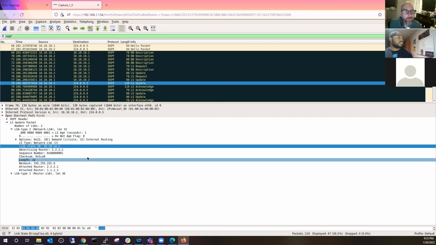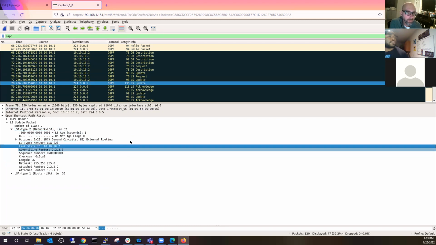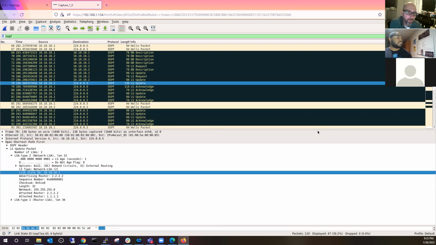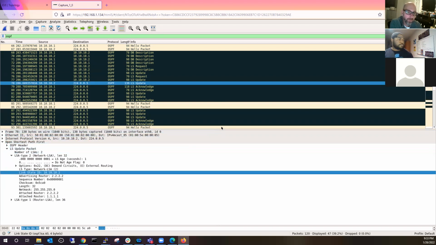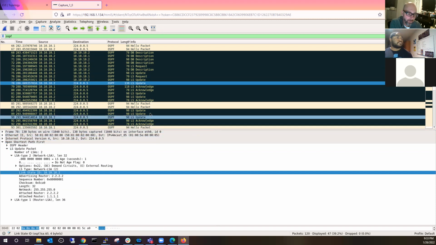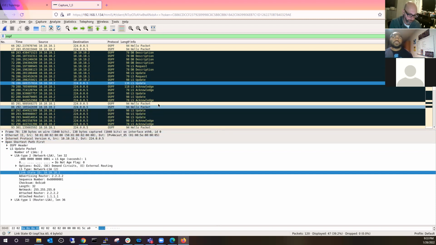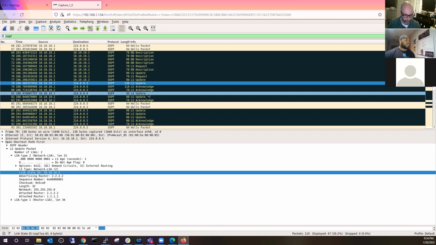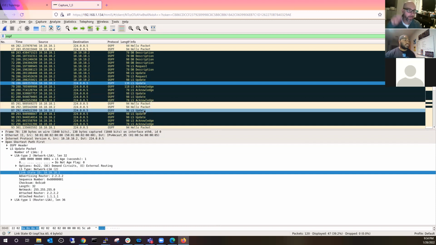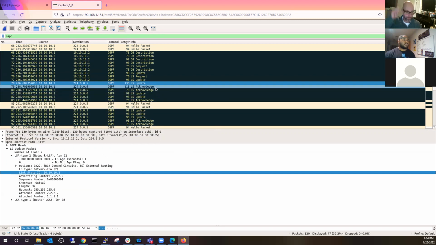And then if you have a situation where you have 2 areas, a backbone and another area, you're going to have an ABR in between them. And that ABR is what's going to be sharing the information from one area to the next. That's going to be a type 3.